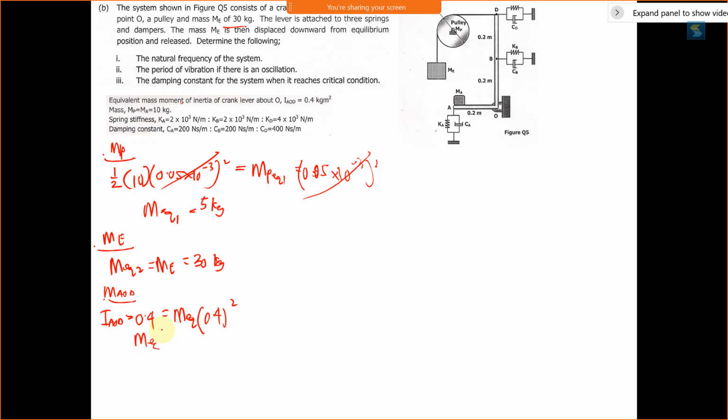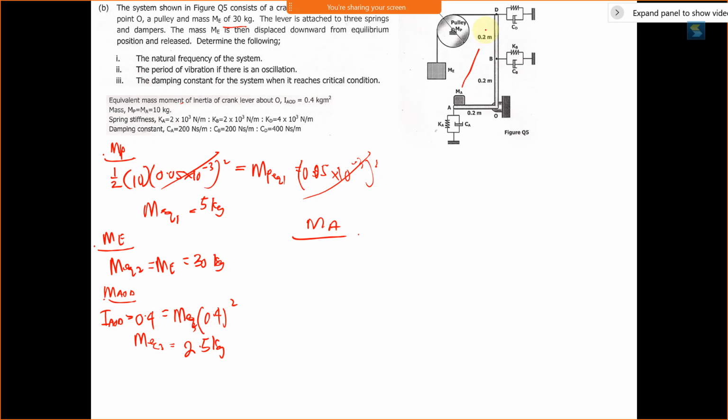So M equivalent 3, M equivalent 3 times 0.4 squared divided by 0.4. Is this right? Wait a moment. 0.4 divided by 0.4 squared is 2.5, isn't it? 2.5 kilogram. And the last one, MA.